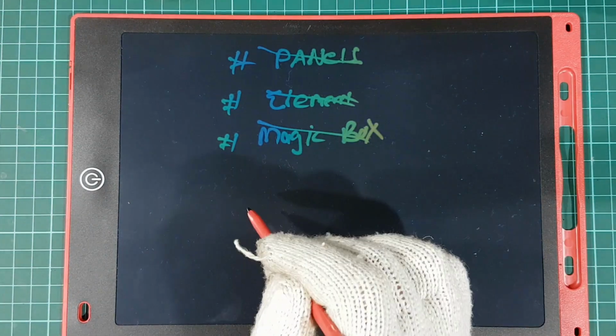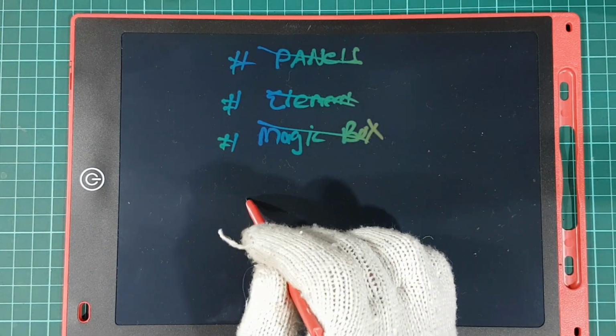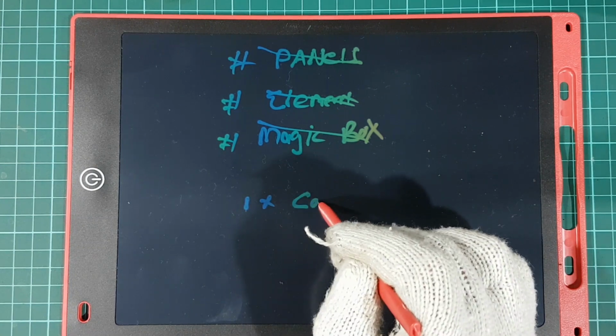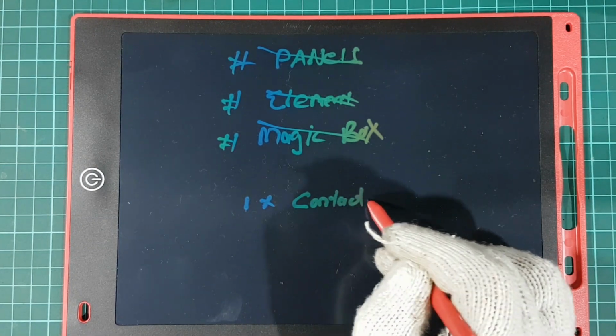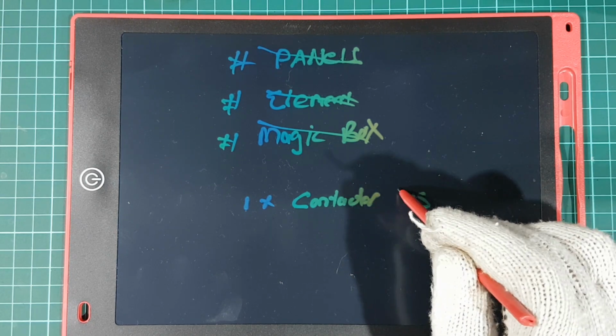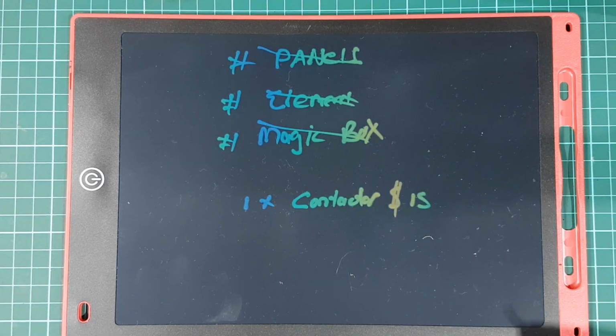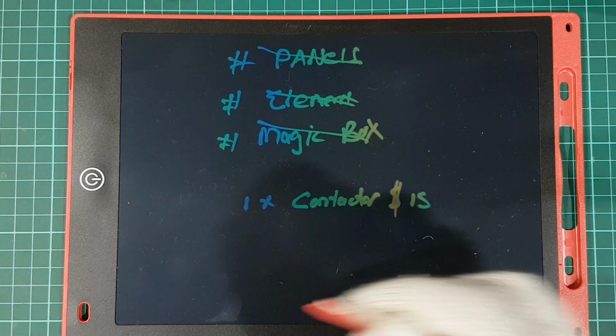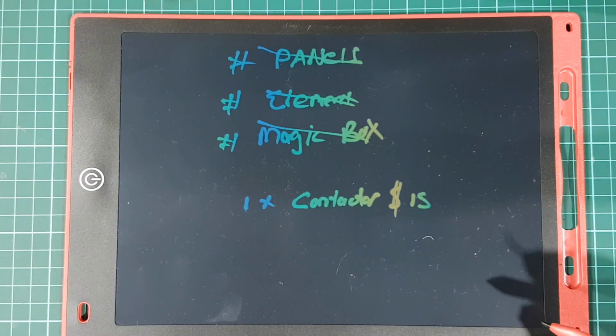The only thing I added to my system is 1 contactor, which cost me around $15, maybe 20, not even that much, and that's the only thing I added to make my system work on DC. It's been 4 years now and it's been doing great.